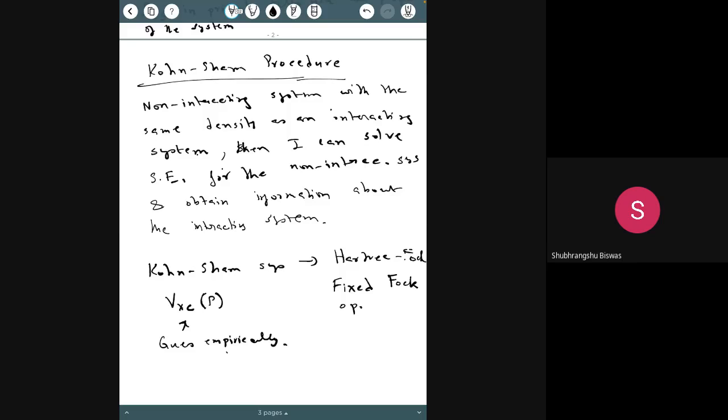If you have already constructed a density, or if you're guessing the density, you cannot build in the antisymmetry of the wave function into it. Why is that? Because the density has no property which reflects the antisymmetry of the wave function.